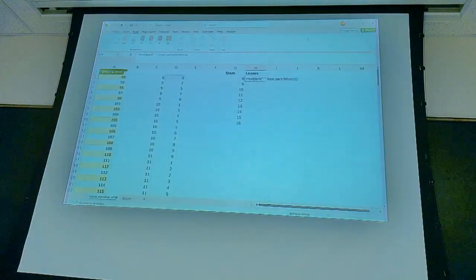D151. C2, C151. Equals. I think that's all of my parentheses now.